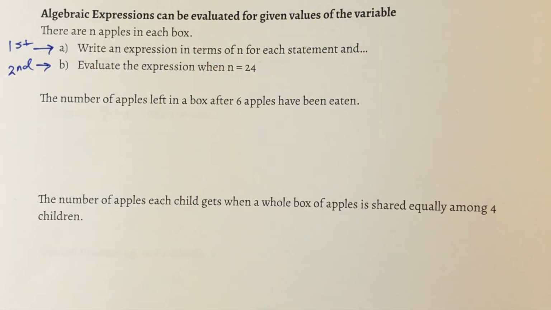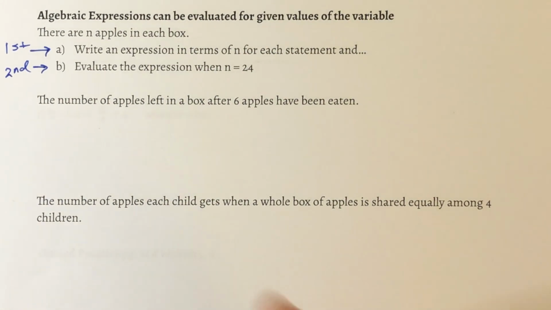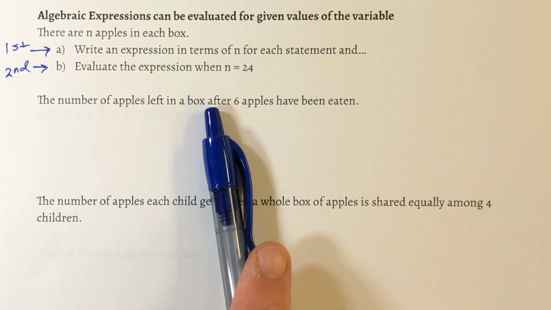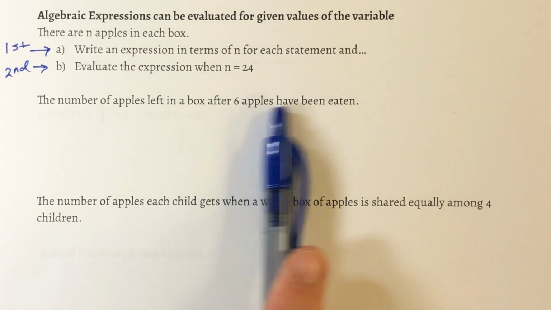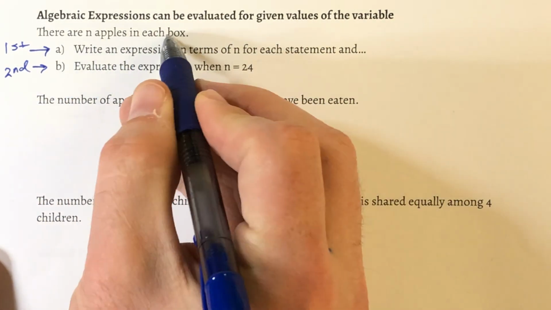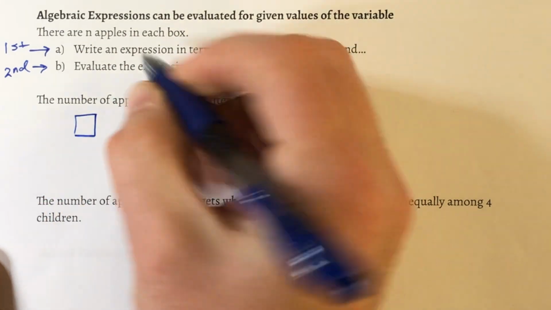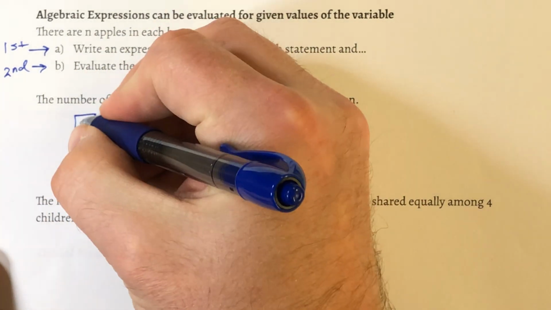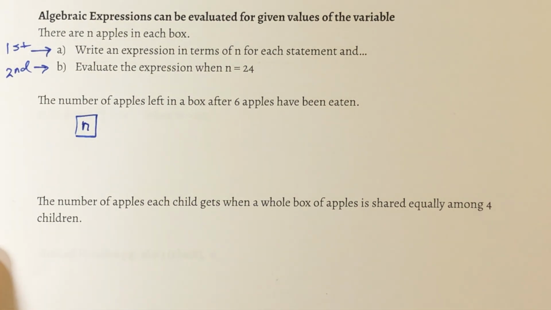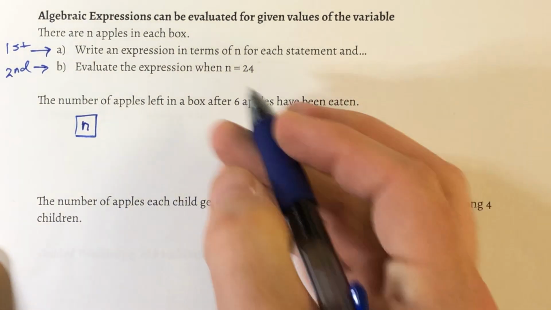You don't know that yet. Do part A first. So, our first statement, the number of apples left in a box after 6 apples have been eaten. So, we're going to think, we have a box, there are n apples in it, meaning we don't know how many apples, it's unknown, so that's why we're using a variable for it. What are we going to do?